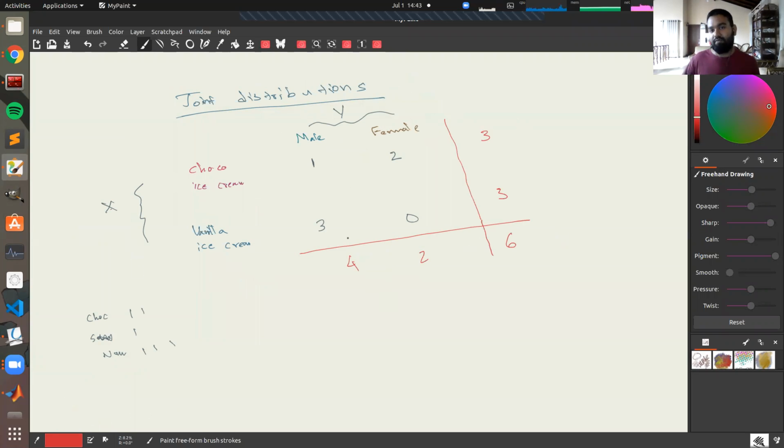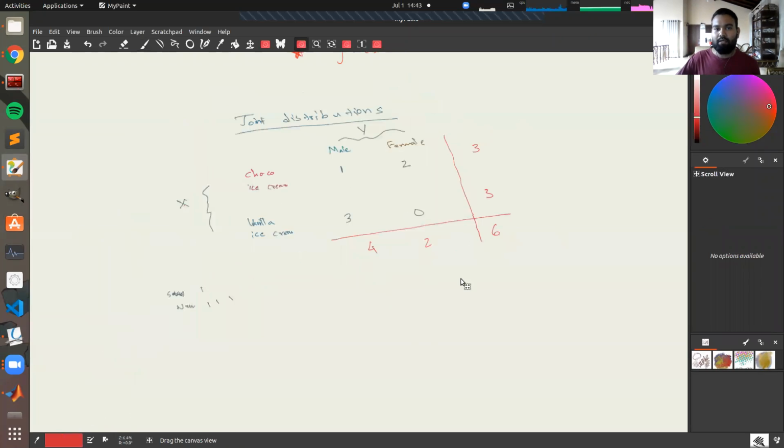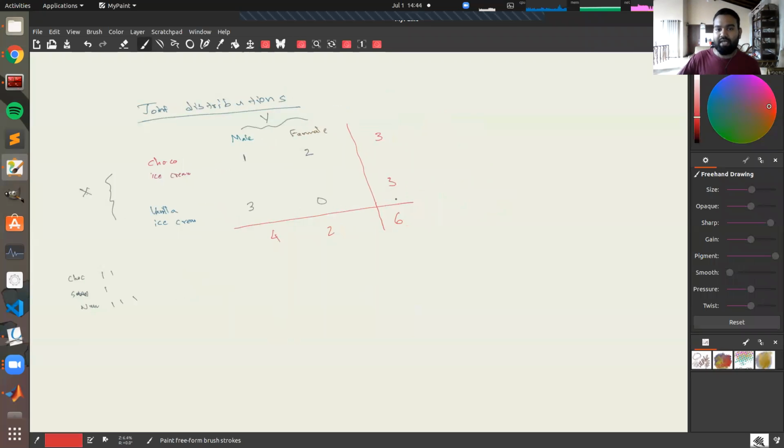If I was to convert this into a probability distribution, it's quite simple. What I do is I divide everything by 6, which is the total number. What I will get then is the probability of x and y. So I have chocolate and then vanilla, and then male, female.